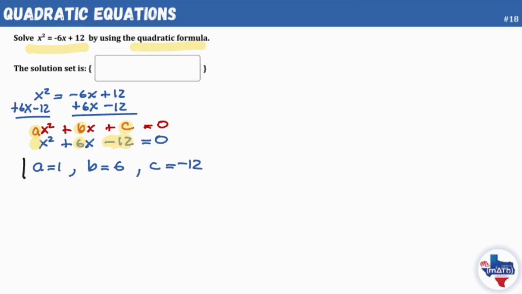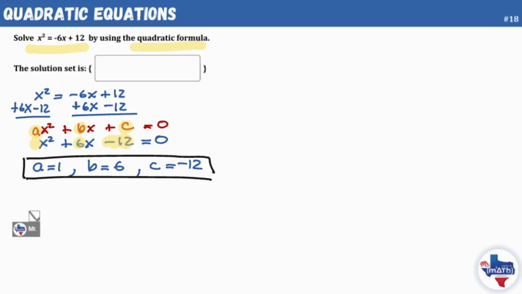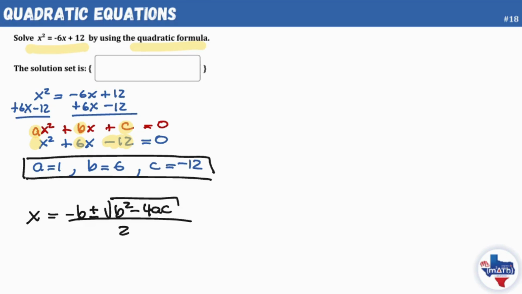This information will be very important for our process. So the general formula is x equals negative b plus minus the square root of b squared minus 4ac divided by 2a. Okay, let's continue.